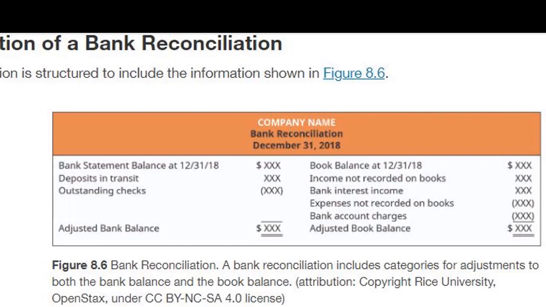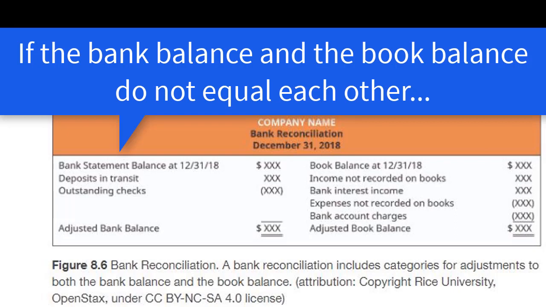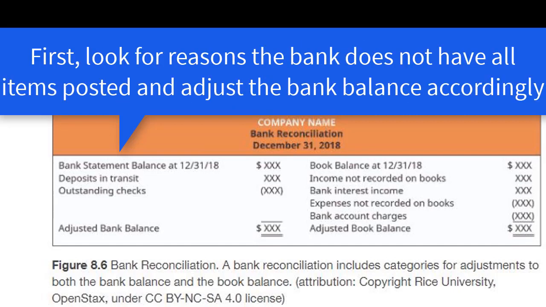The bottom line is, what figure 8.6 tells you is, if you look at what the bank says you have in terms of cash, and it's not what you think you have, first, look for reasons why the bank simply failed to post something.